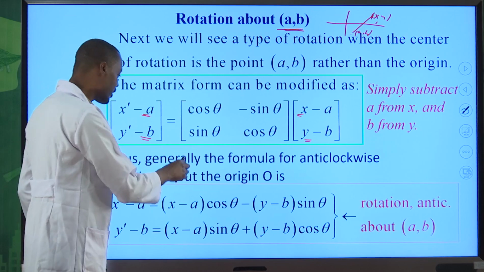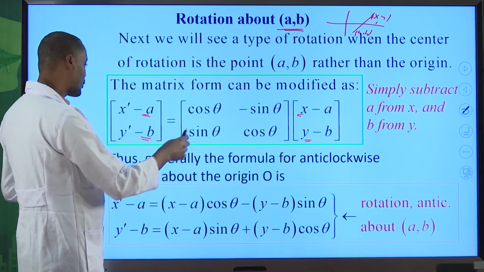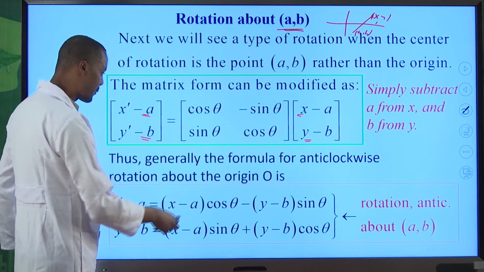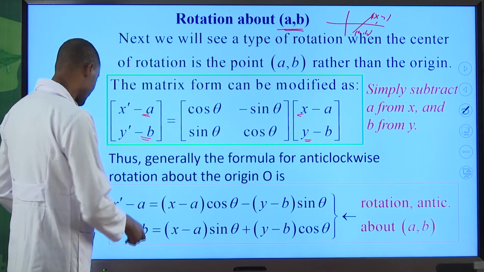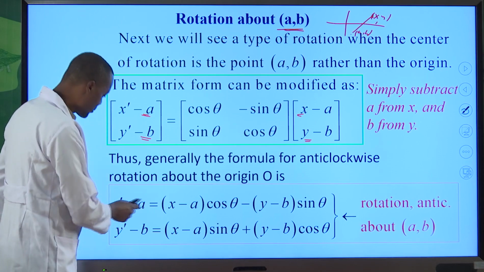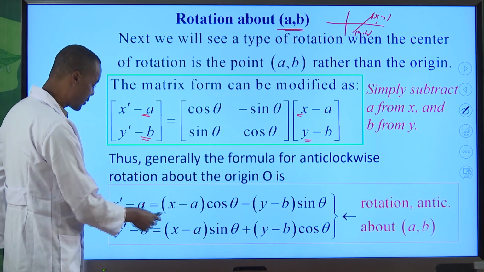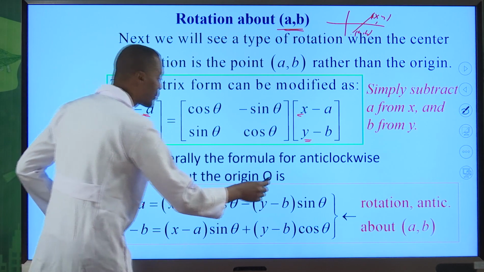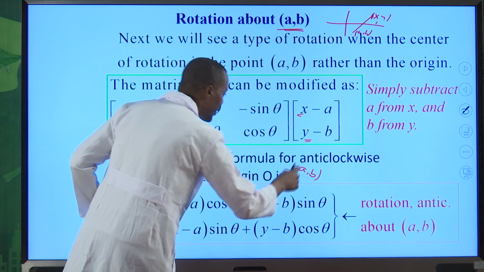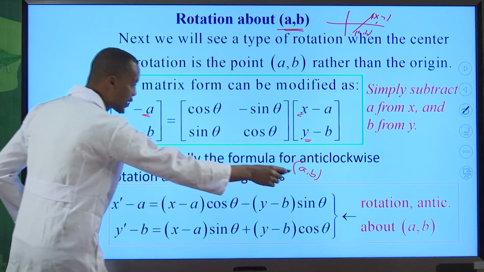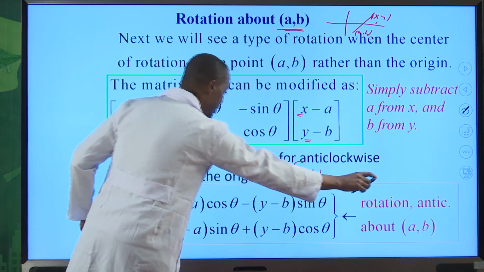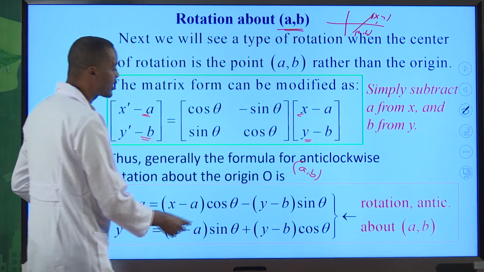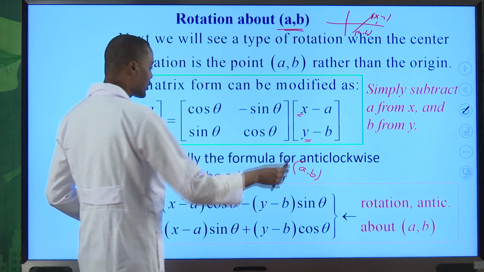In general, the formal way for making an anti-clockwise rotation about the origin is that there are no a's here, because x prime minus 0 is simply x prime, and x minus 0 is simply x. But whenever our rotation is about a comma b, our formula will be this one. This is rotation about any other point a comma b. Actually, this works if our rotation is about the origin or about any other point.